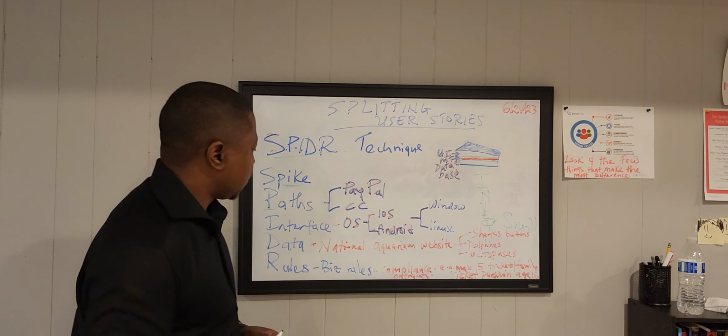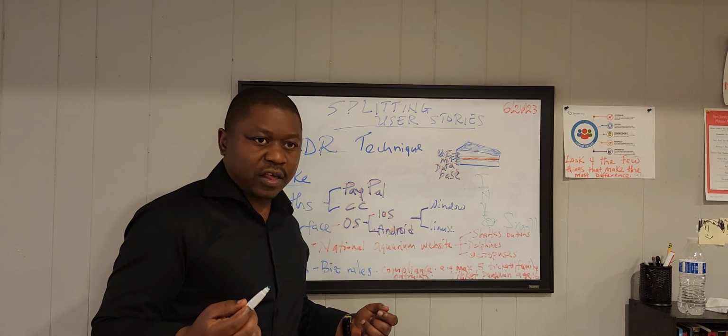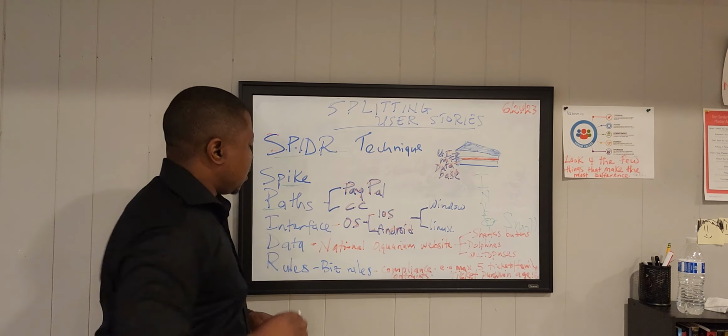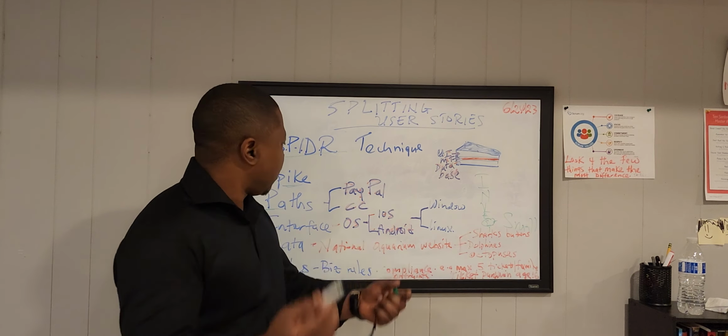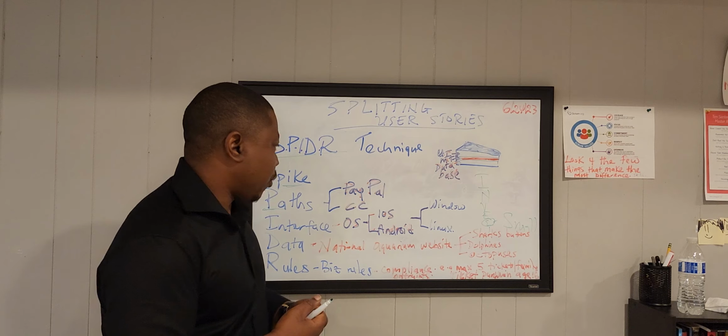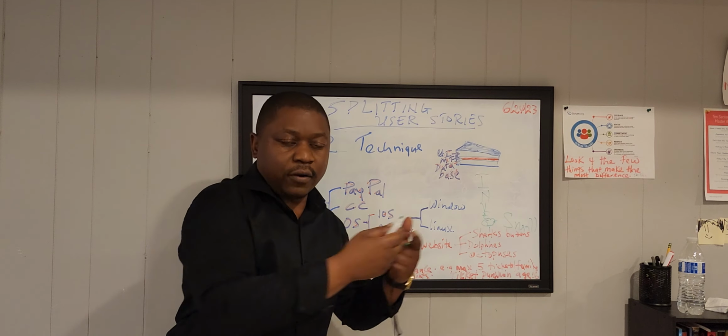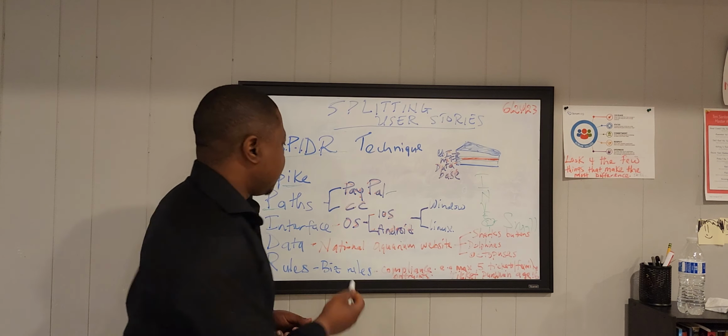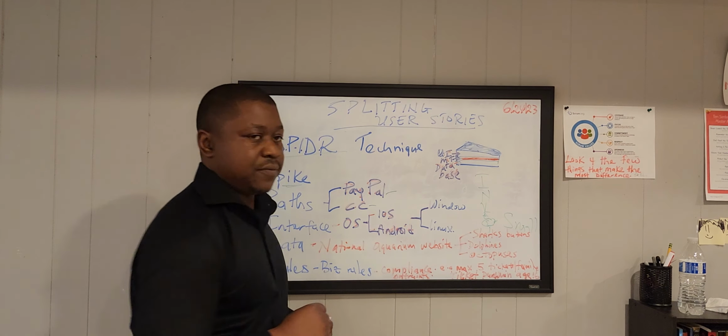We have paths. So how do you split a user story using the idea of paths? So take for example, using your smartphone to pay for products on Amazon, for example. There might be an option for you to pay on Amazon using either PayPal or using a credit card, right?